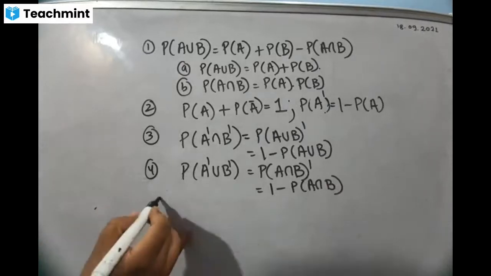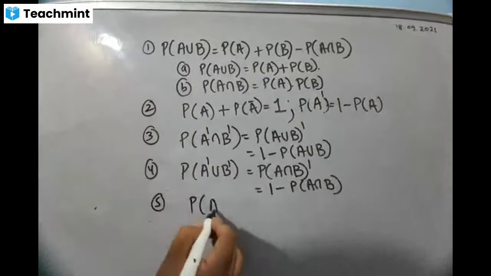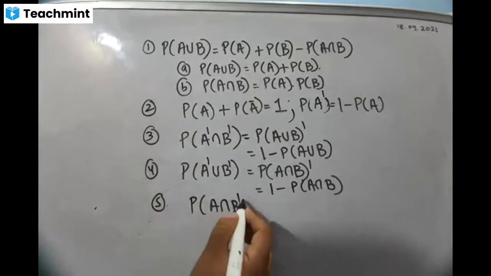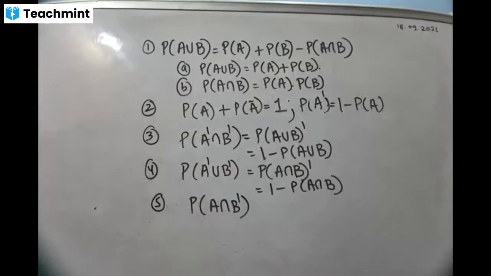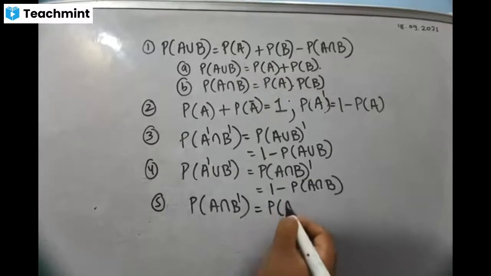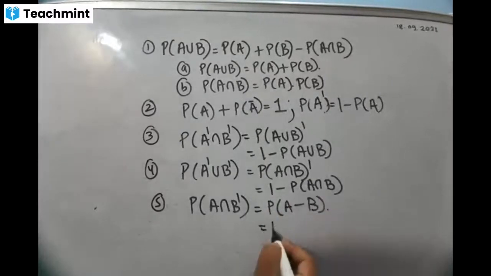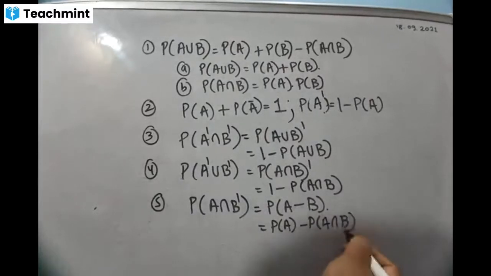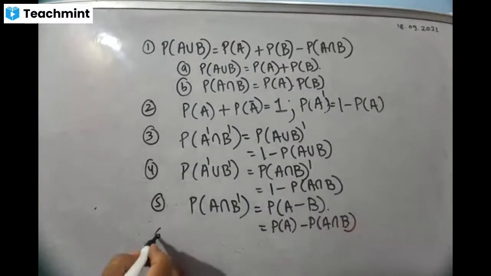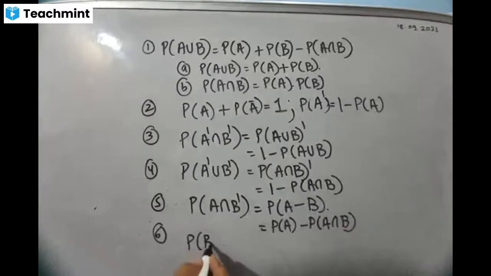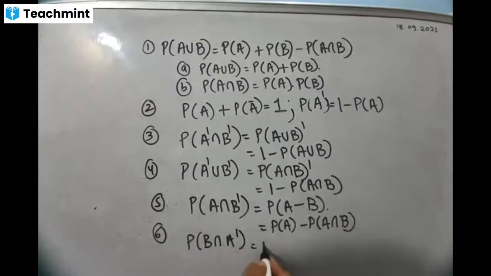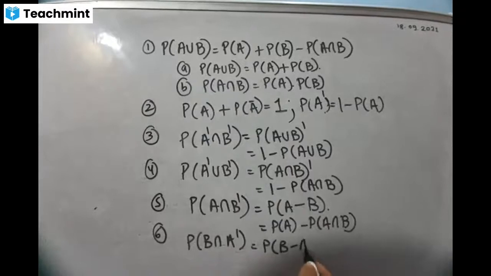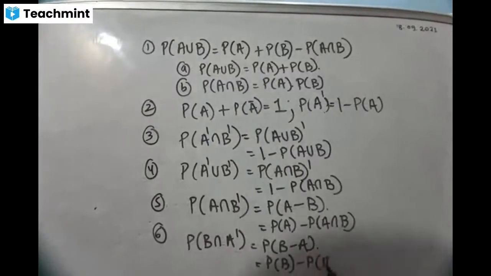Formula number 5: probability of A intersection B complement is nothing but probability of A minus B, which in turn is equal to probability of A minus probability of A intersection B. And the last, formula number 6: probability of B intersection A complement will be equal to probability of B minus A, which in turn will be equal to probability of B minus probability of A intersection B.